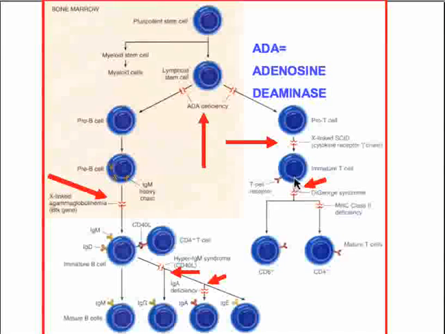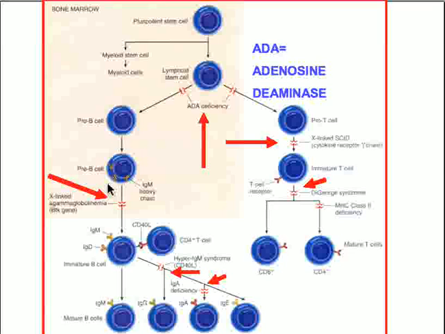For example, if that immature T cell could not differentiate into CD8 and CD4 cells, and the defect was at that level, we're talking about DiGeorge syndrome. If we're talking about a defect in which it could differentiate into CD8 cells, but not CD4, then we're talking about another theoretical and probably less severe deficiency than DiGeorge syndrome.